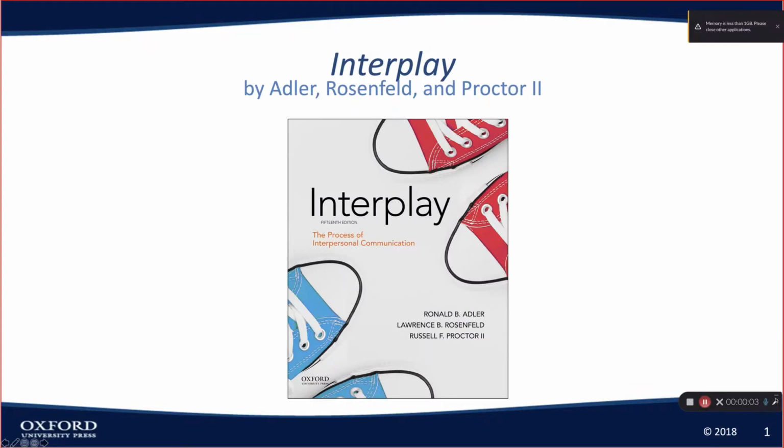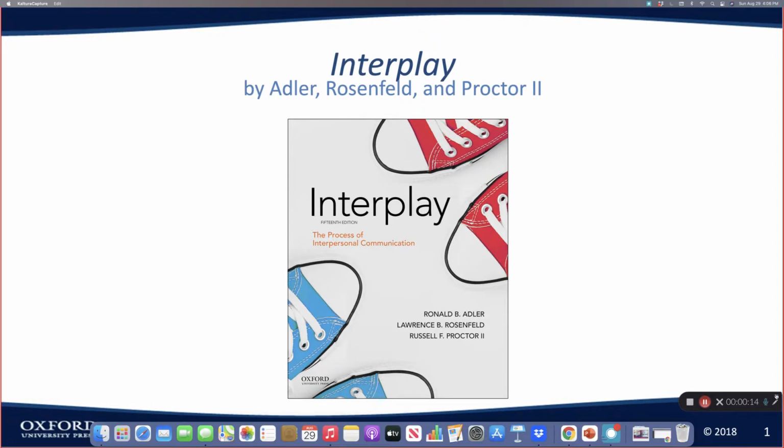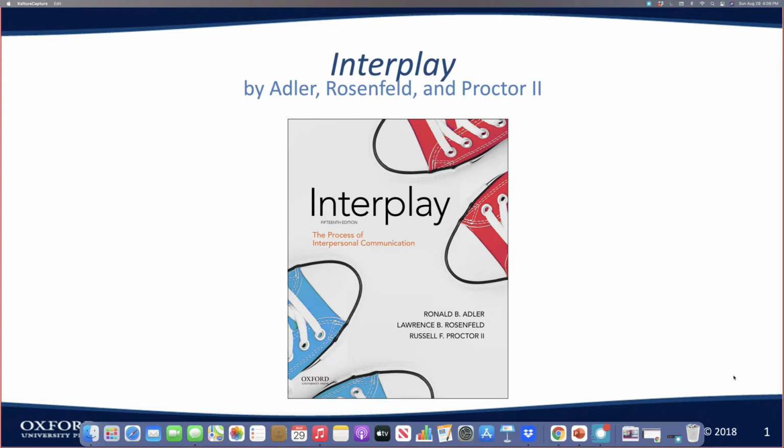Right. So this is the first lecture that I am going to do from the textbook Interplay by Adler, Rosenfeld, and Proctor. I'm trying to minimize this. Okay. This is a brand new edition. It's different enough from the last edition that I really had no choice and had to go with the new book.